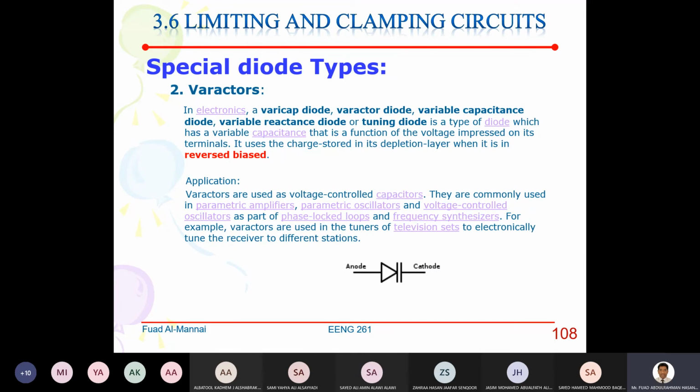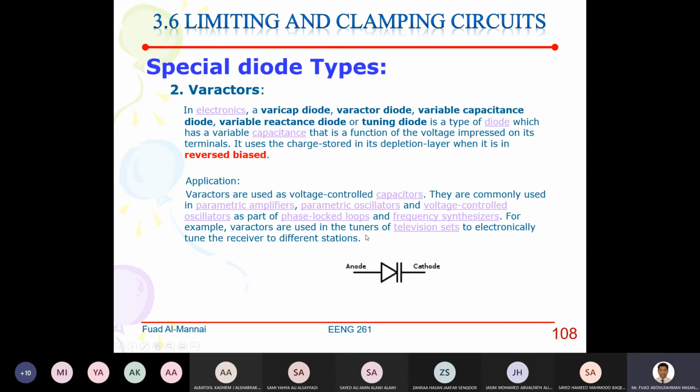This diode has a variable capacitance that is a function of the voltage impressed on its terminal. It uses the charge stored in its depletion layer when it is reverse biased. So when it is reverse biased, it uses the depletion region as a variable capacitor.